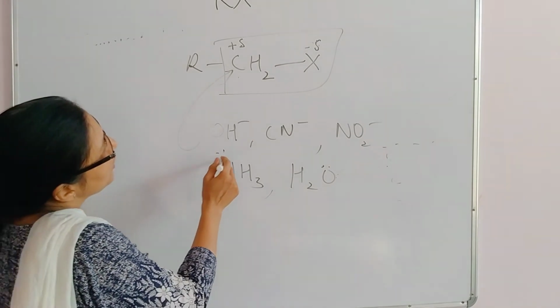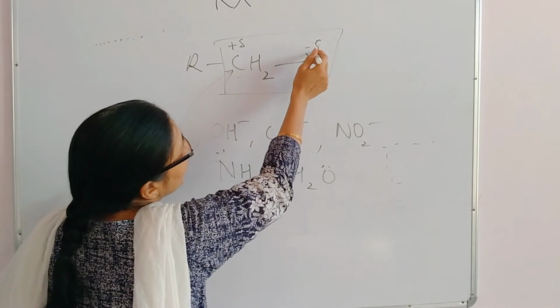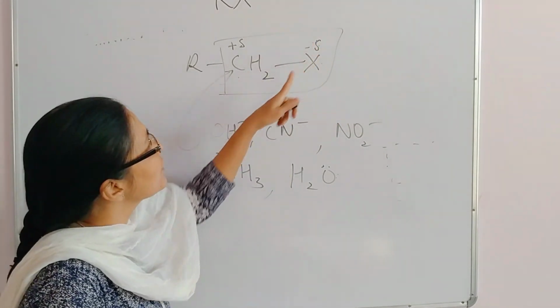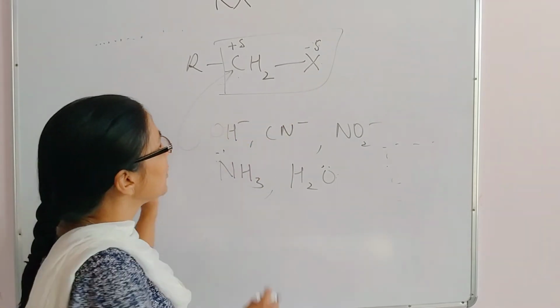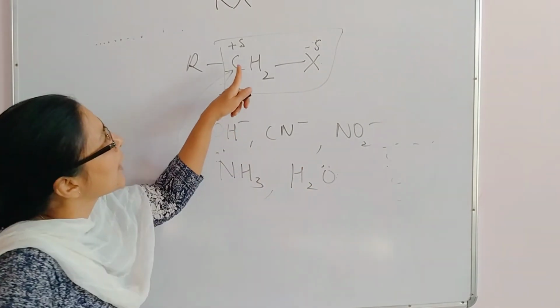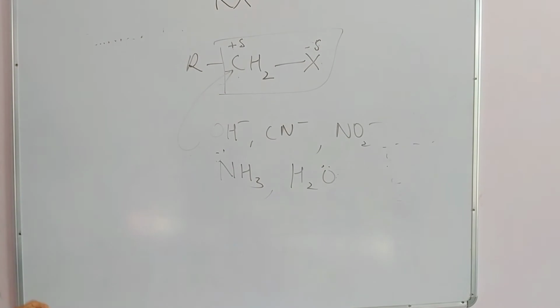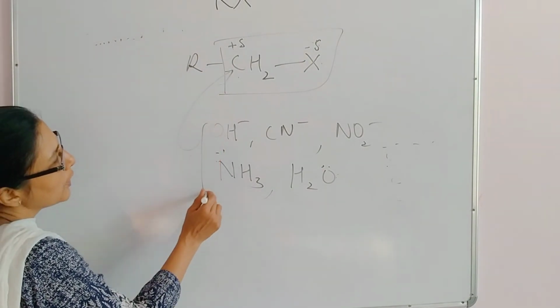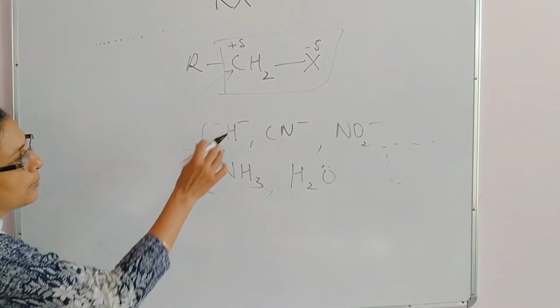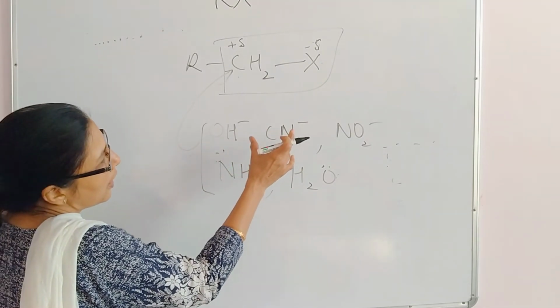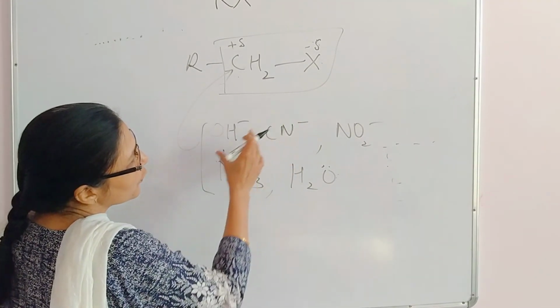Why? Because they will not attack from the other side. Why not? Because there is already negative charge, so there will be repulsion. So all such species will attack the positive part. Can you give the common name for this category?